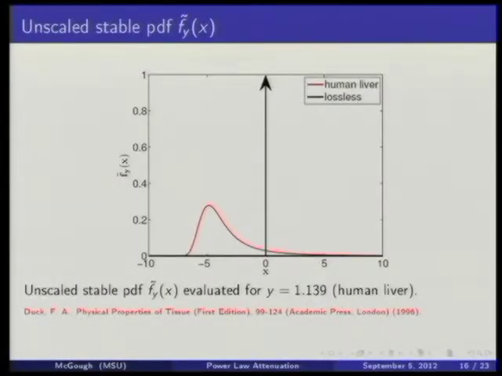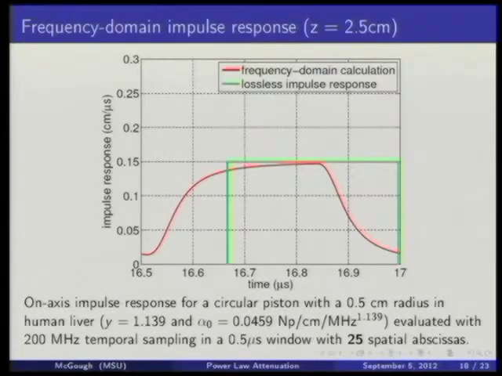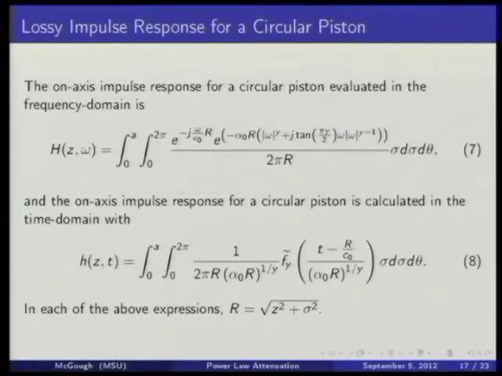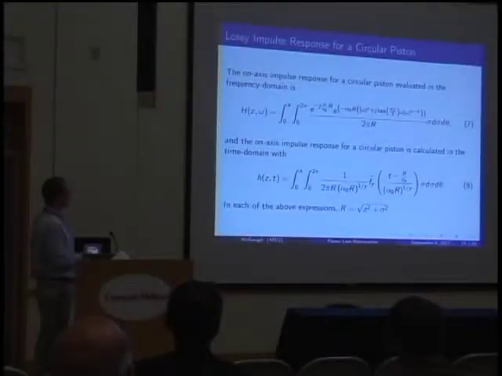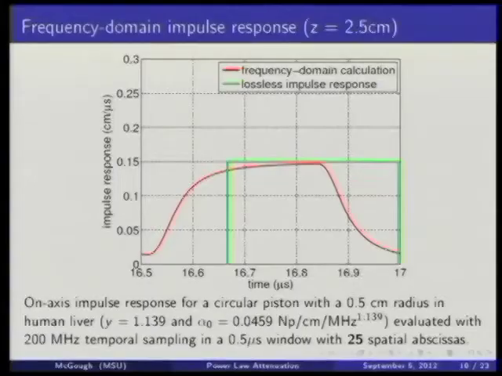So actually, now let's keep going. When we use these expressions for the Green's functions in calculations of the impulse response, in effect, we're just evaluating the Rayleigh-Sommerfeld integral either in the frequency domain or in the time domain. What we find is that starting in the frequency domain, we see this result for the impulse response relative to the lossless impulse response.